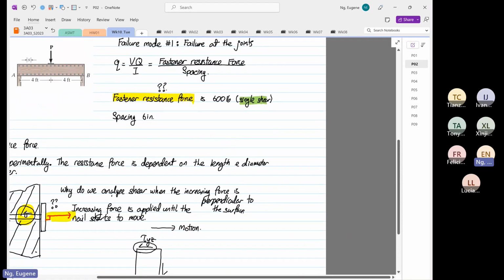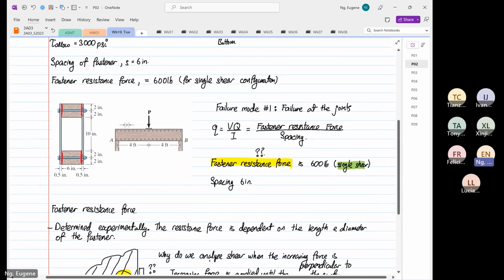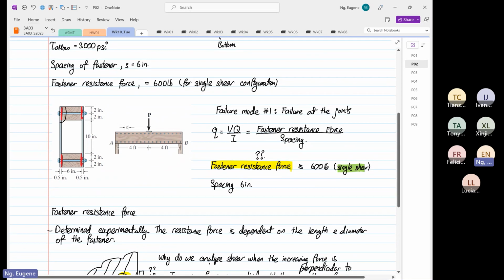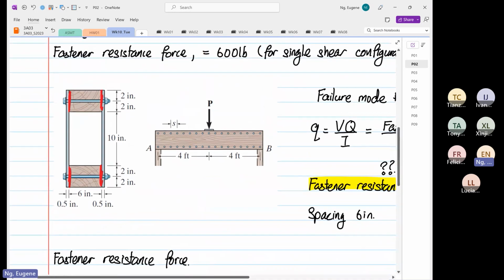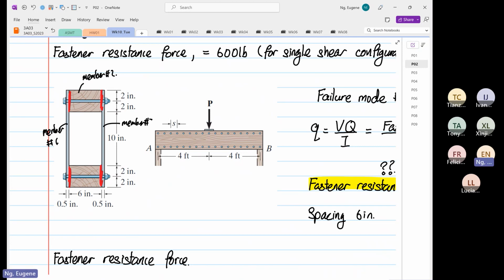So double shear means failure will occur in either this region or that region. Before we go on, what we see over here in our problem, is it a single shear problem or double shear problem? So if we look here, you have member number 1, member number 2, and then member number 3. So altogether, you have 3 members laying down on one single continuous bolt.